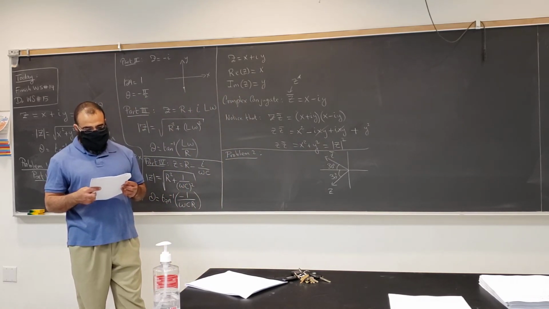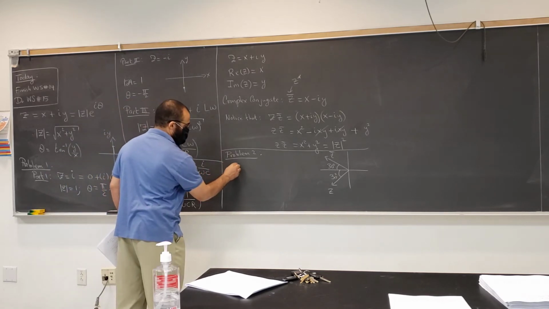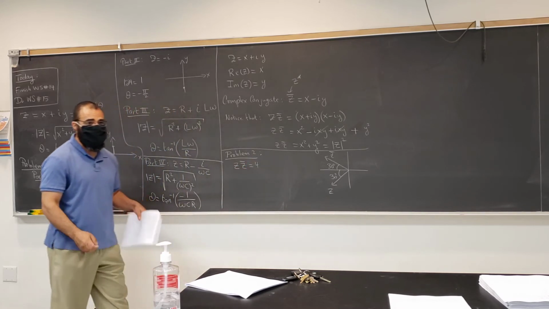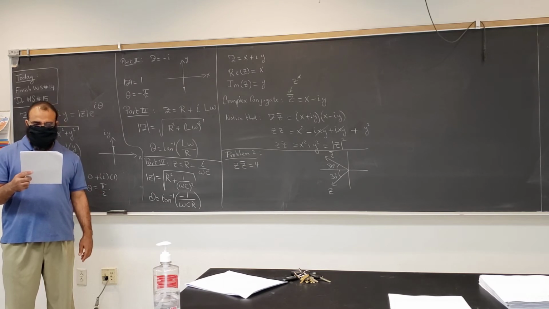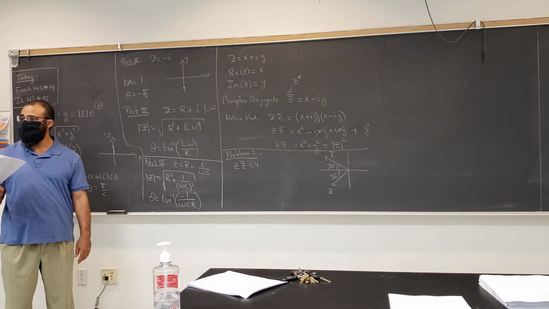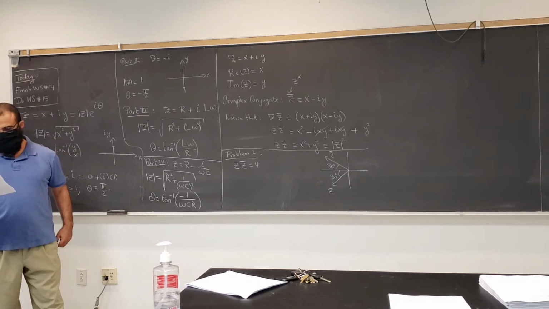So here is what they say. Suppose z times z bar is 4, right? Z times z bar is 4. And it says, find the real and imaginary parts of z.